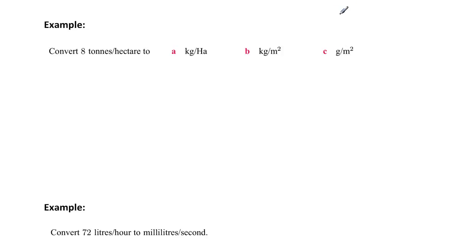In this question, we're going to convert tonnes per hectare into a number of different rates. So one of the things we'll need to work out, or at least to remember, is that if we've got tonnes, and we're converting it through to kilograms, and of course over to grams, each of these requires a factor of 1,000.